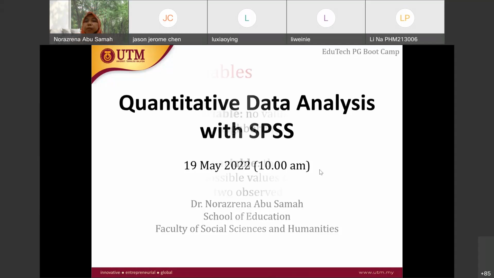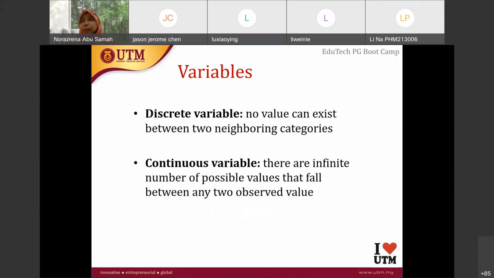When we deal with statistics, we deal with variables. There are two types of variables, which are discrete variable and continuous variable. For discrete variable, no value can exist between two neighboring categories. For example, gender: we have male, female.